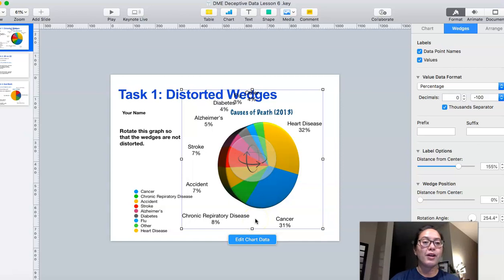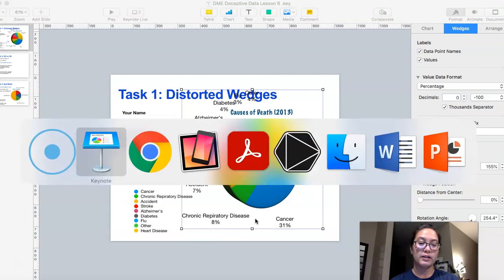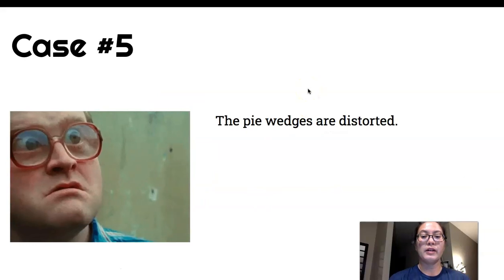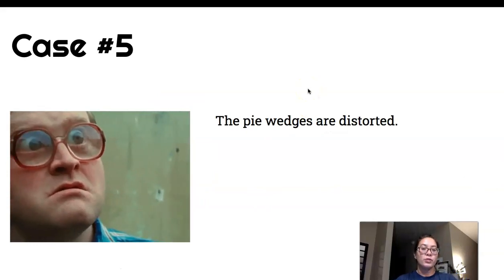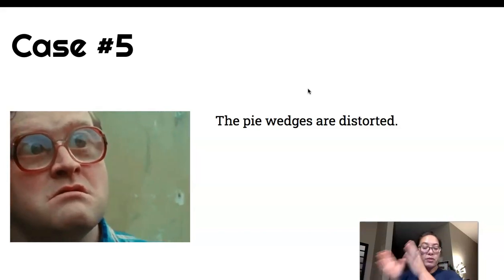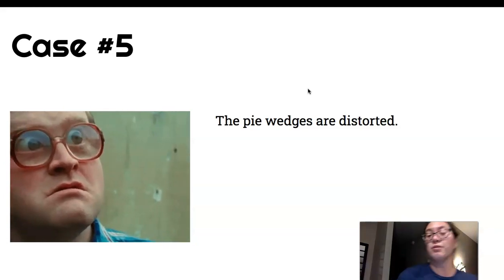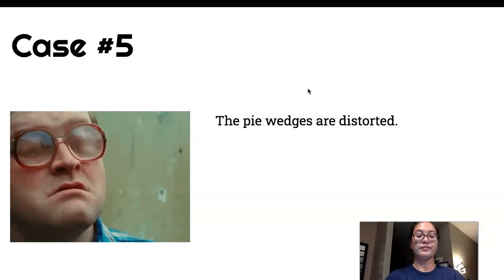Right? So 3D graphs, while they look cool, aren't always the best tool for us to use. And why is that? Well, let's go back in here and look real quick. Right? Pie wedges are distorted because when you do 3 dimensions, it takes into account the fact that things that are further away from you get smaller and the edge gets added into the size of the wedge.